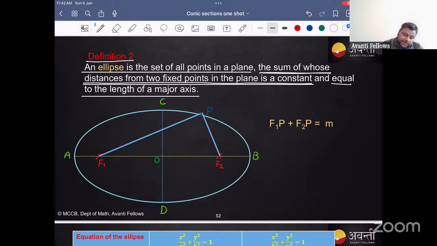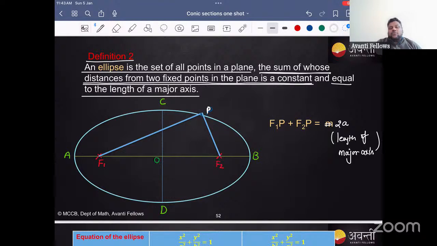In short, if there is a point P, PF1 plus PF2 is equal to 2A. 2A is the length of the major axis.